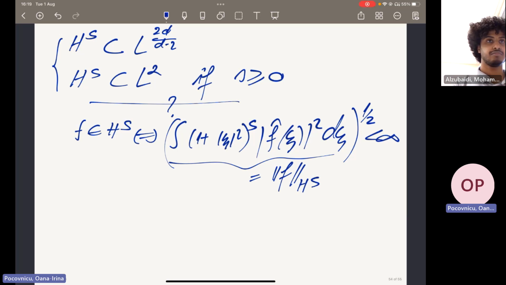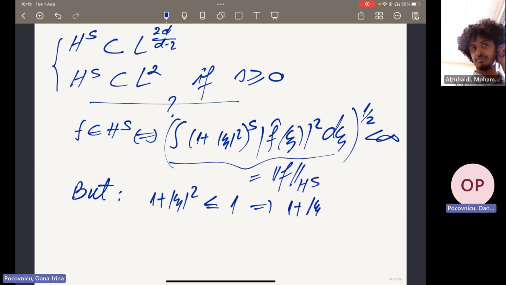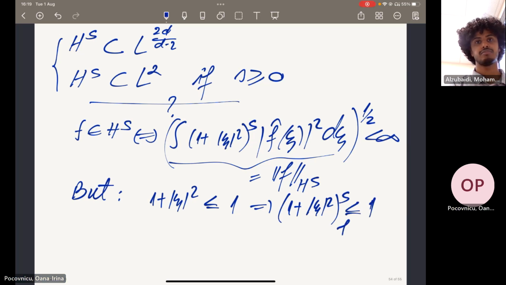On the other hand, let's say 1 plus xi squared is less than 1, okay? Which means 1 plus xi squared to the power s is less than 1 for s bigger or equal than 0. Oh, sorry, it's not less than 1. It's bigger than 1. That's the whole point.